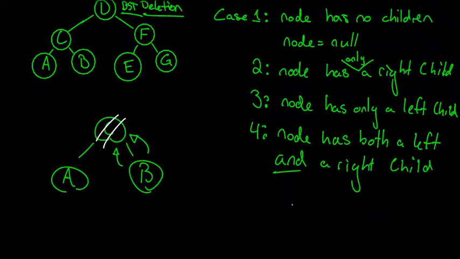Okay, now, let's look at how this would work if the tree that we were dealing with was a little bit more complicated than just being a root and two children tree.